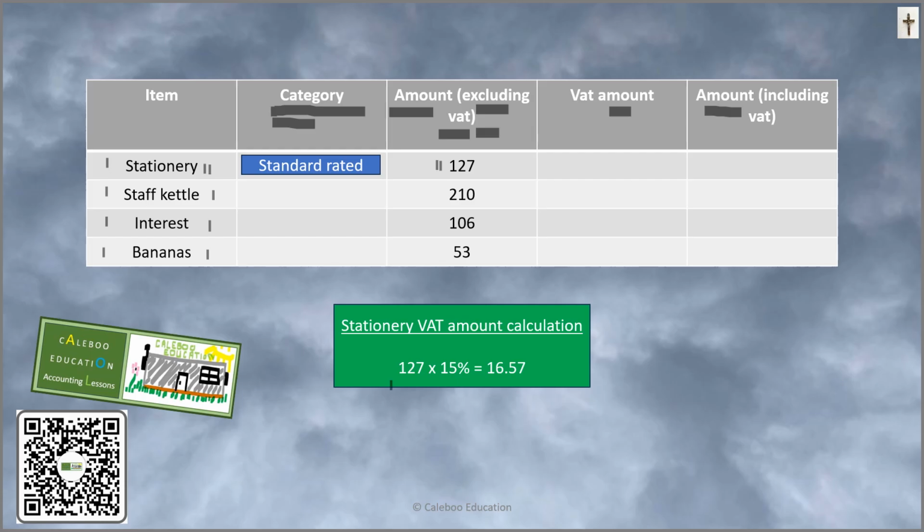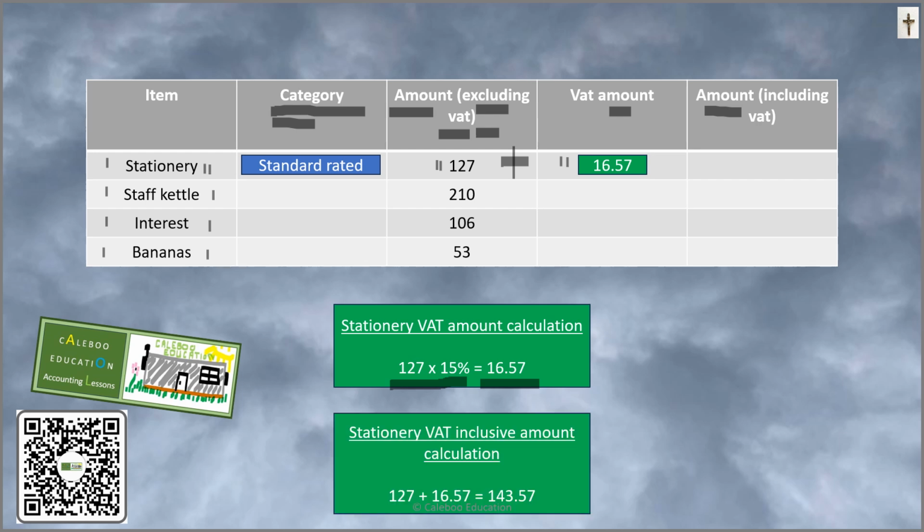We say 127 times 15% is equal to R16.57. So there we have the VAT amount. Now obviously if I want the amount including VAT, it's 127, that's the amount excluding VAT, plus the VAT amount which we just calculated, will give me the amount of stationery, the item, including VAT.